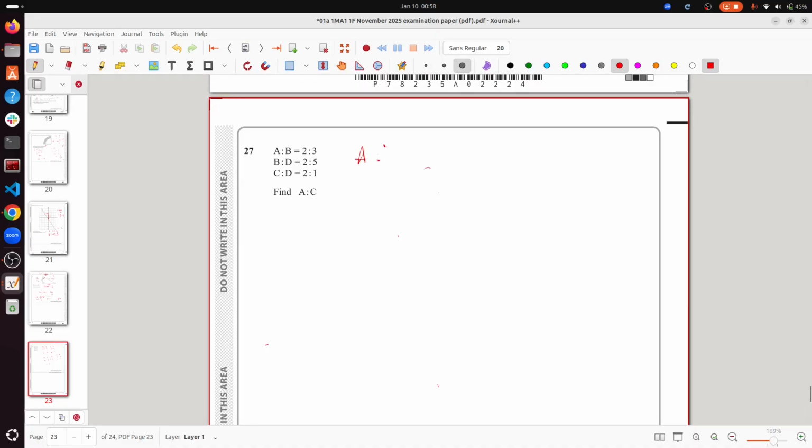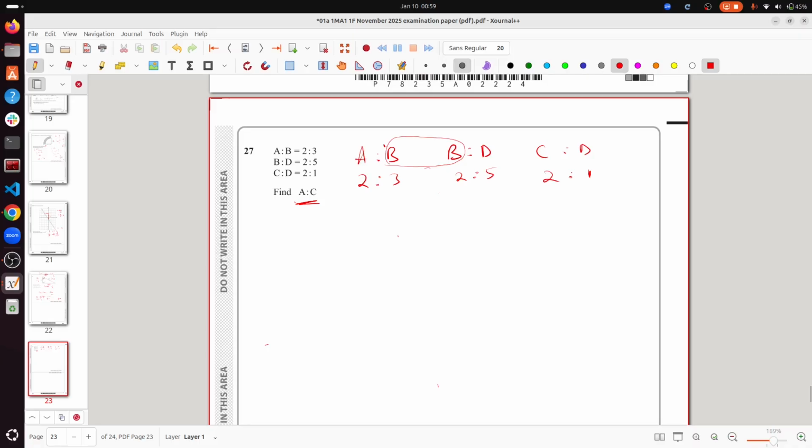For this question, A is to B is to 3. B is to D is to 5. And C is to D is to 1. We're trying to find what A is to C. So we can see that B is common.